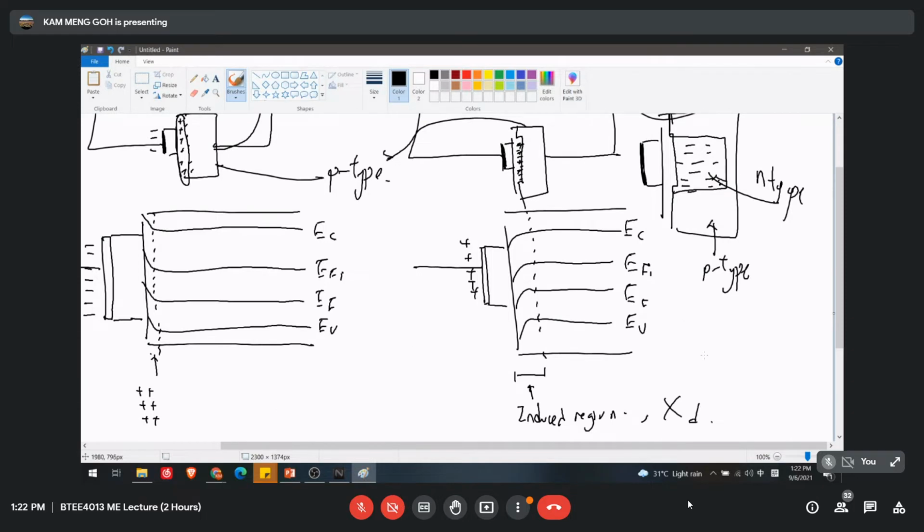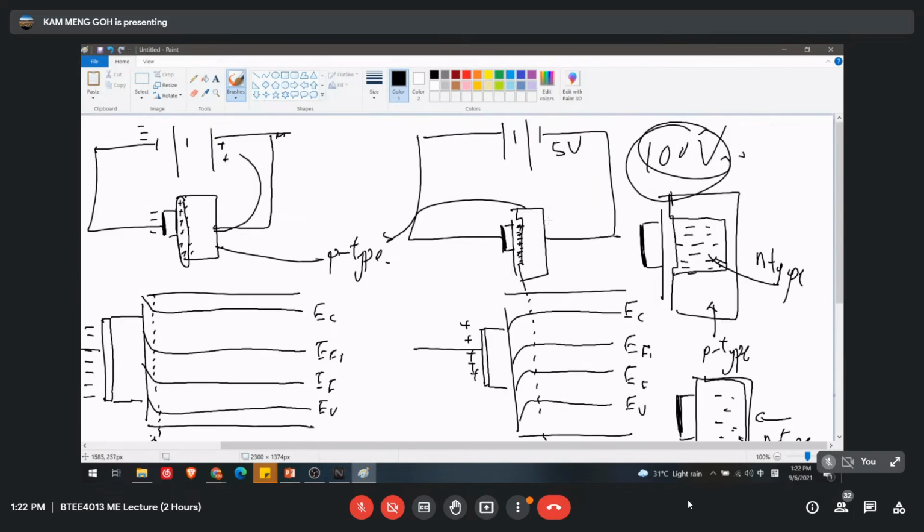So let's say if you supply 1000 volt, sooner or later the whole area will become negative electron, and this will become an n-type semiconductor, no longer a p-type. Originally positive charge comes from here, negative charge comes from here.